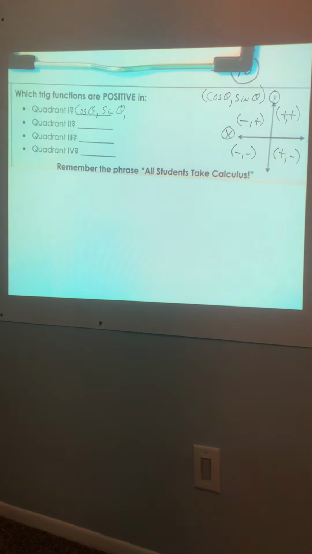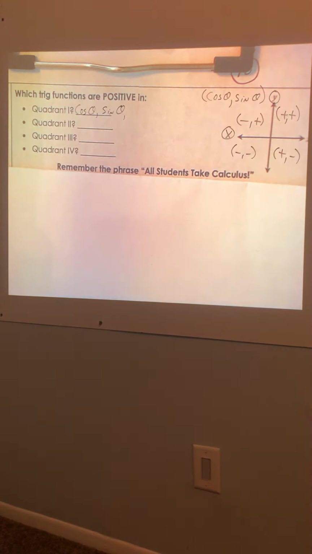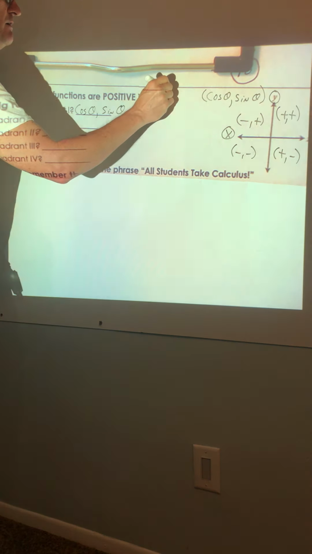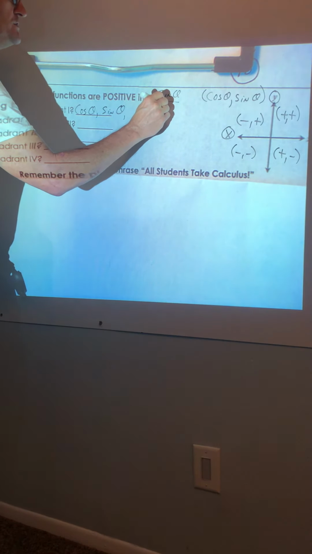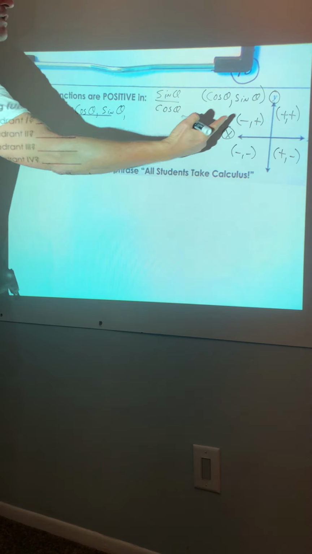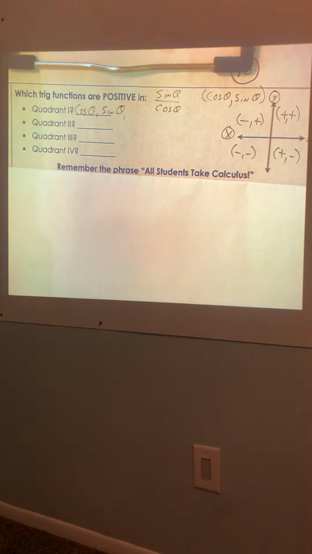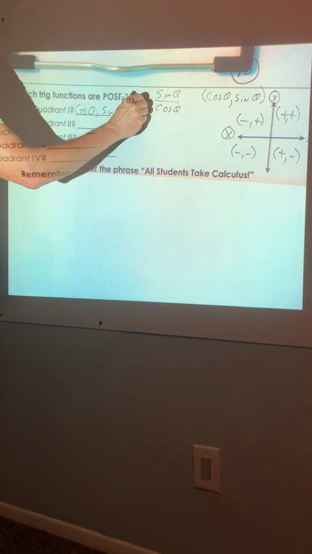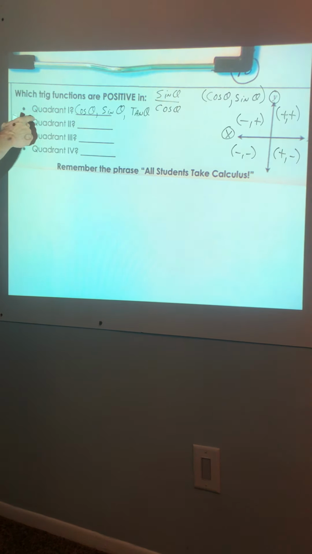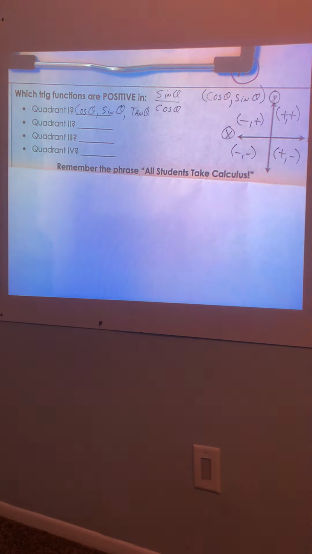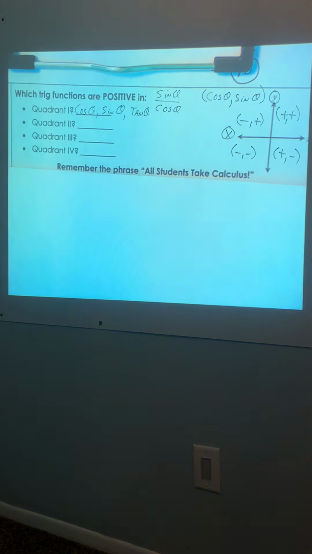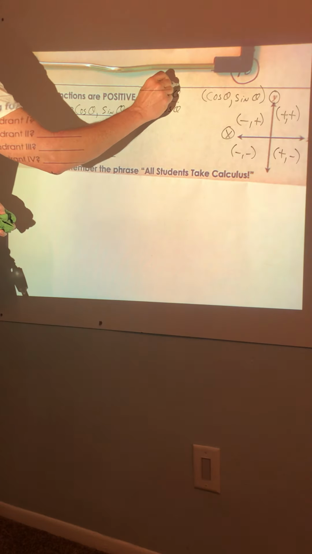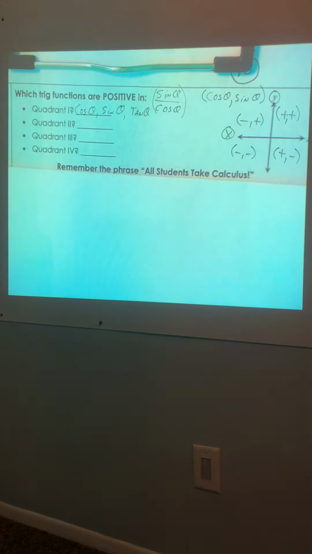Do you guys remember what tangent of theta was? Tangent of theta was sine of theta over cosine of theta, and a positive divided by a positive is still going to be a positive, so also tangent of theta. So for quadrant 1, all 3 of them are positive.